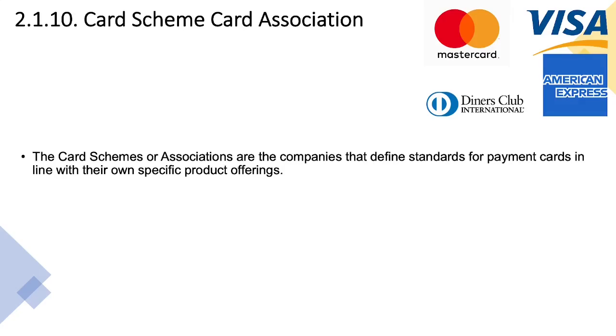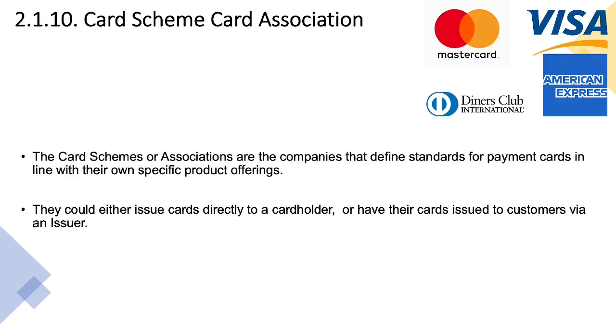So we've been talking about card schemes, card associations. What is a card scheme or card association? These are the companies that define the standards for payment cards in line with their own specific product offerings. We know these entities as Mastercard, Visa, Diners Club, Amex, JCB. There are a few more, and these schemes could be operating at a global level, or they could be operating domestically at a local level.